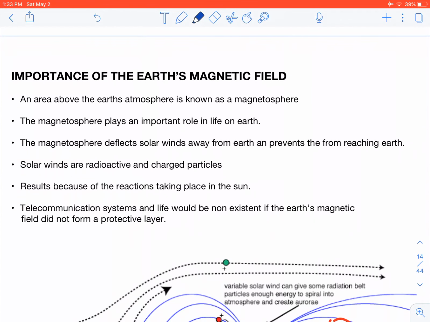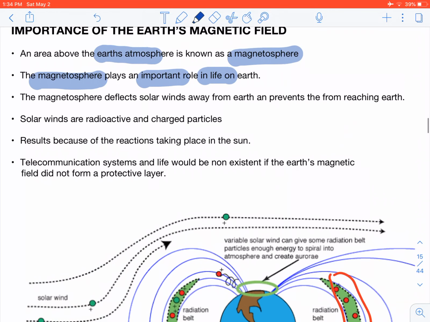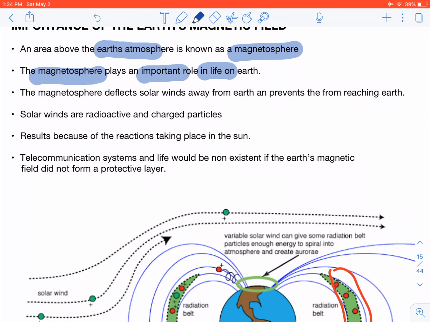Now let's look at the importance of the Earth's magnetic field. The area above the Earth's surface influenced by the magnetic field is known as the magnetosphere, and it plays an important role in life on Earth. The magnetosphere deflects solar winds and prevents them from reaching the Earth.